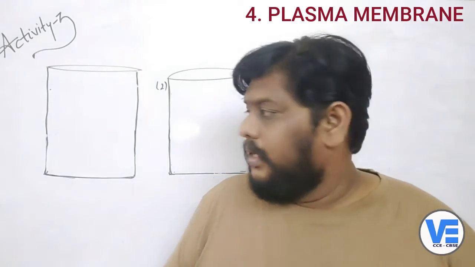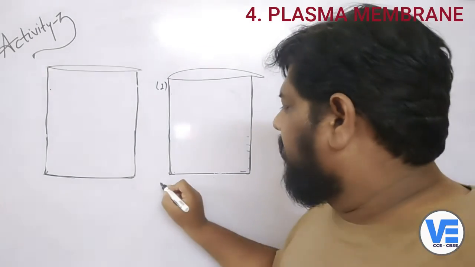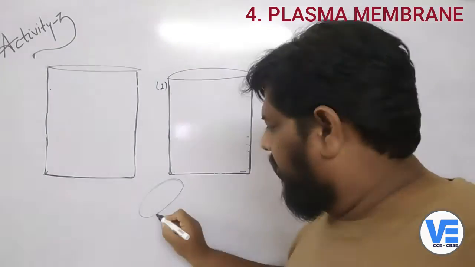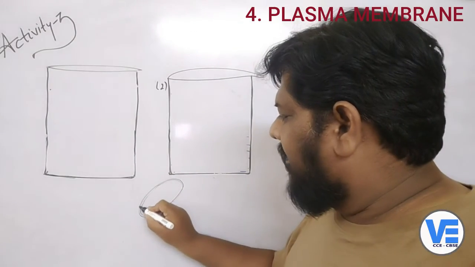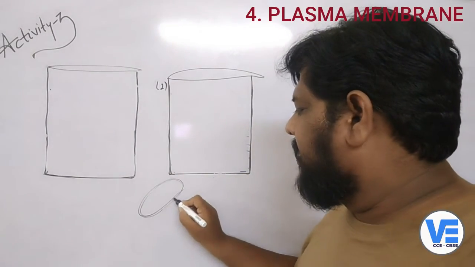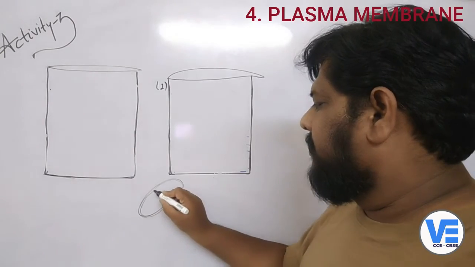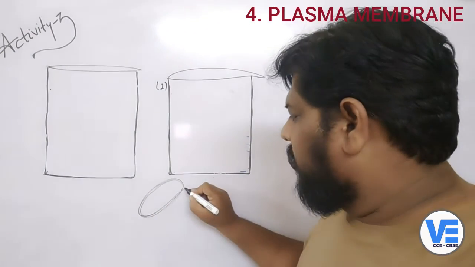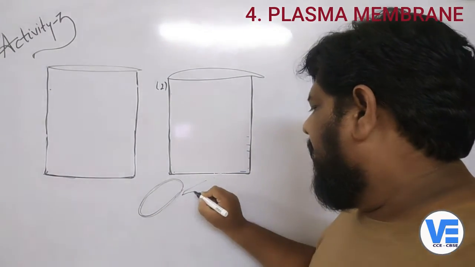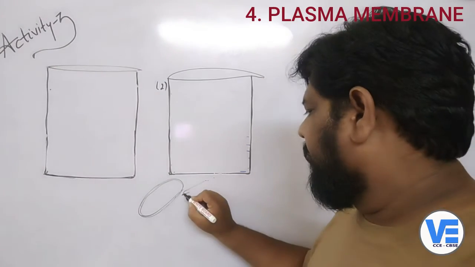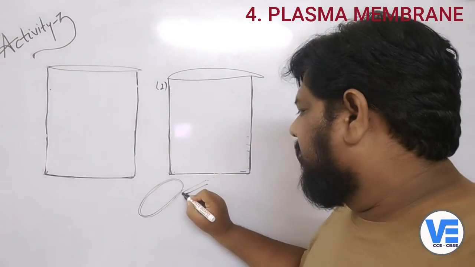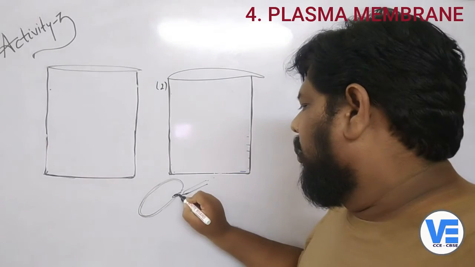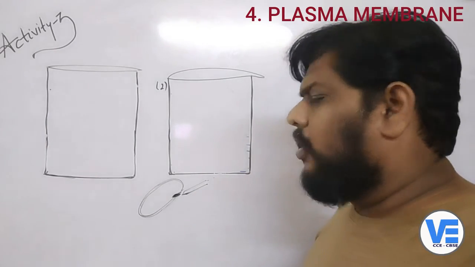So what we are doing here is, whatever egg you are putting in the HCl, the calcium carbonate completely dissolves in that, and you get the thin membrane. So what you have to do is take a pencil, and using the pencil you just make a small hole here.